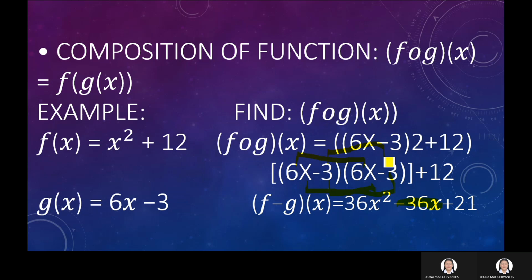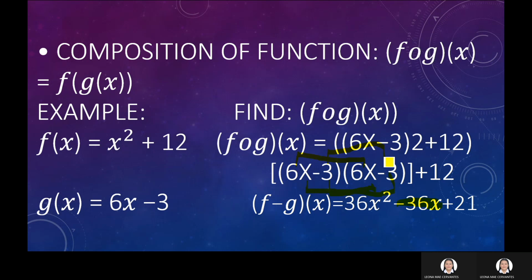So we have 36x squared minus 18x minus 18x plus 9 plus 12. So simplify, we have 36x squared minus 36x, and 12 plus 9 is equal to 21.